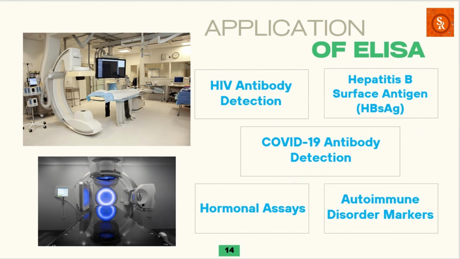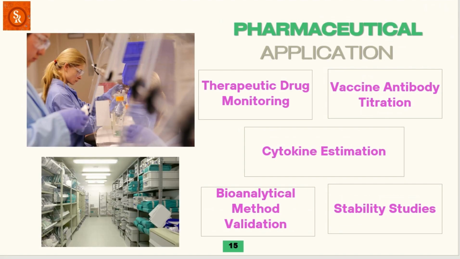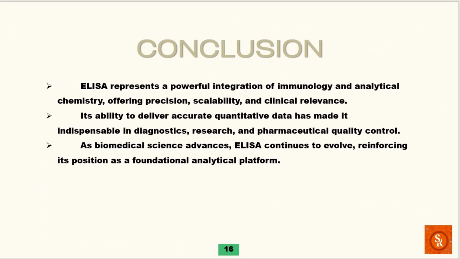Applications of ELISA include HIV detection, hepatitis B detection, COVID-19, hormonal assays, and autoimmune disorder markers. In pharmaceutical applications, ELISA is used in therapeutic drug monitoring, vaccine antibody titration, cytokine estimation, bioanalytical method validation, and stability studies.